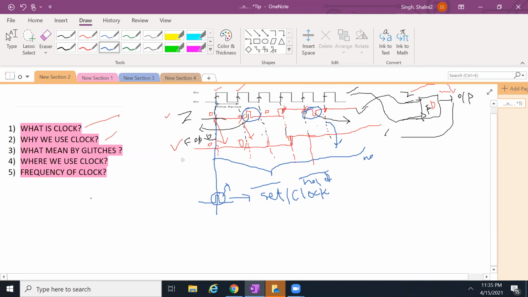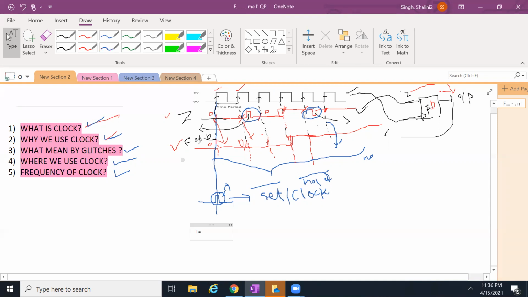Okay, so now the next question is, we already talked about what a clock is, then why we use a clock: to remove the glitches, something like that. And we understand what is meant by glitches, right? Then where do we use clocks? Generally in the flop and in the sequential circuit, we use these clocks. Okay, so now the frequency of the clock. How do we calculate the frequency of a clock? There is one formula we have, like the total time period.